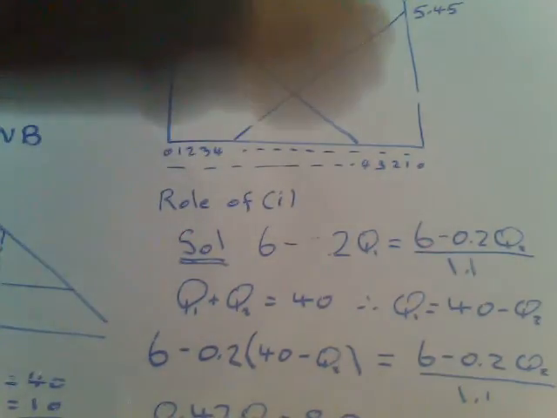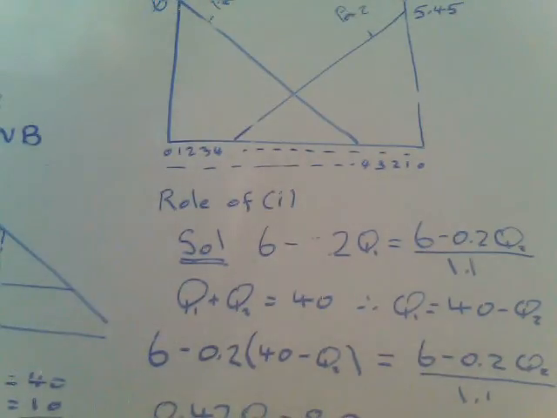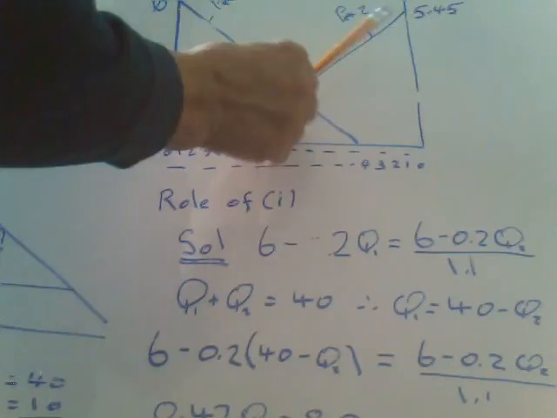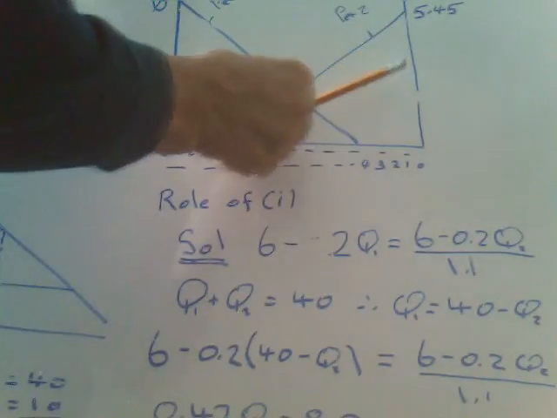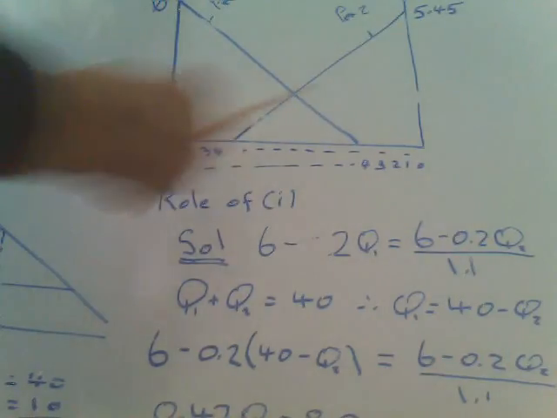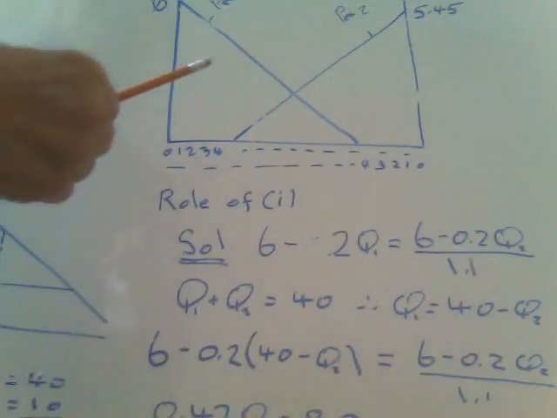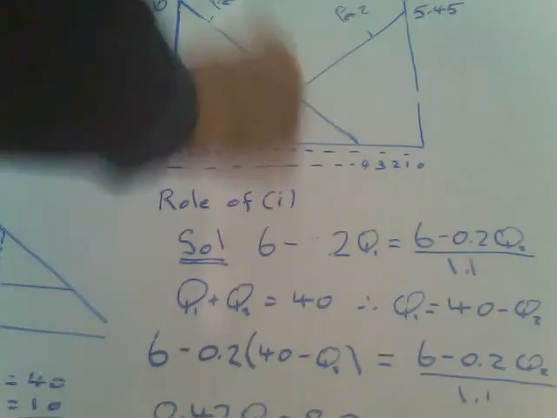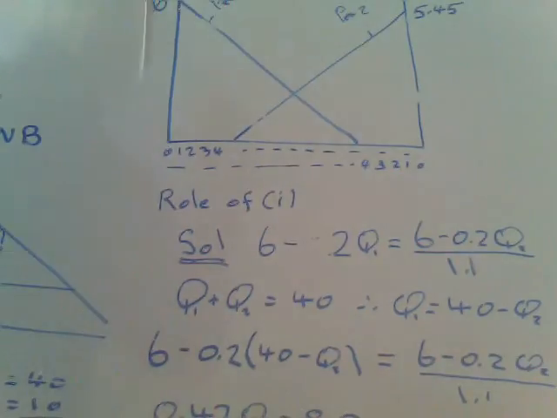Now this is very important, and we're not going to repeat it very often. What will happen, as you have noticed, is that the share of period 1 increases. So the higher the interest rate, the greater the share of the present.